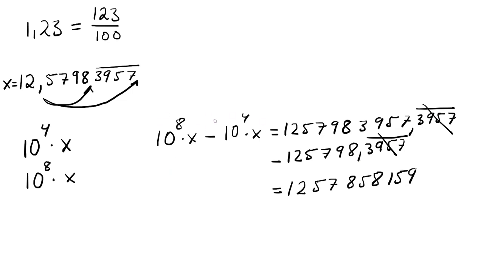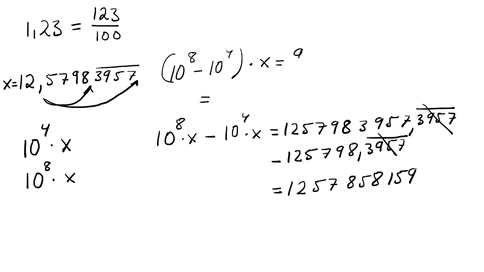Then we work with this part. How can we rewrite this? We can factor out our x. And how much is this one? This is 1 followed by 8 zeros minus 1 followed by 4 zeros. So how much is that?